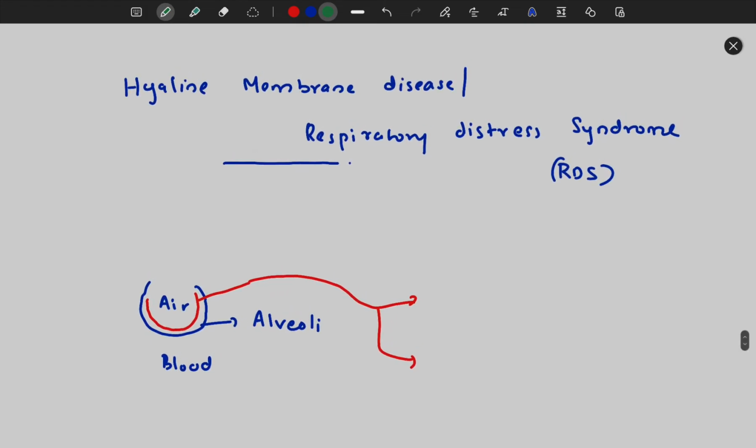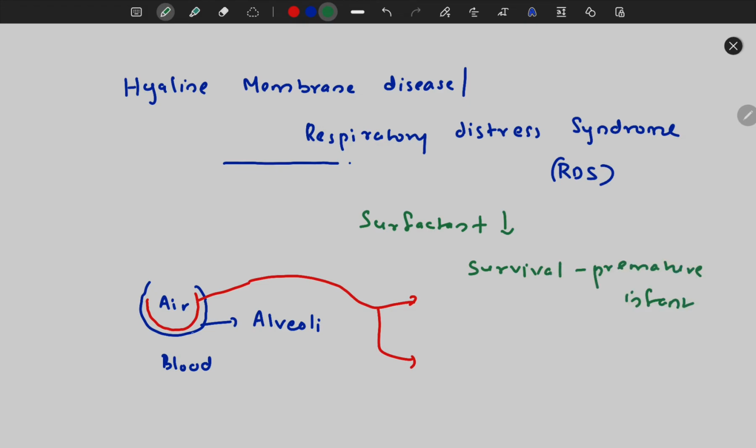This is a common cause of death in the premature infant. Actually, in this case, the surfactant is reduced. That is, either there is deficiency or there is no surfactant. So surfactant is essential for the survival of premature infants.